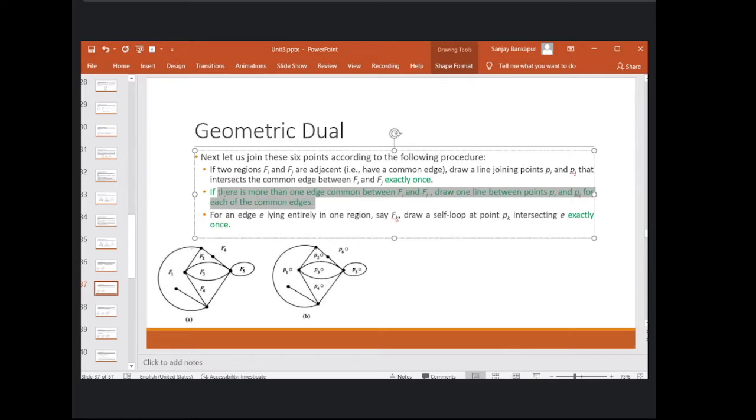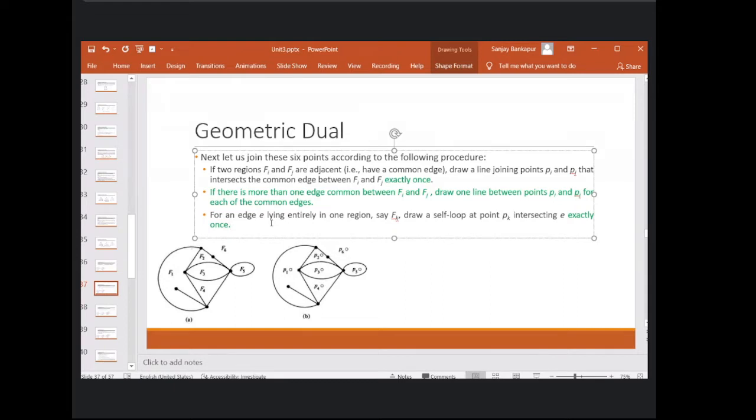Very important point. That's why I made it green. What it says is, for each of the common edges, draw one line between points Pi and Pj.